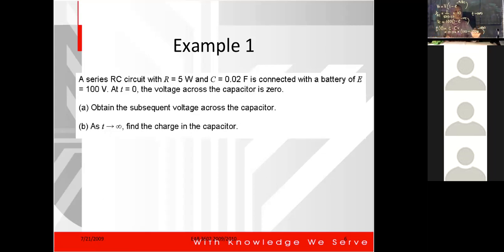Kosong lah kan? You will get 0. So bila 0 maksudnya 0.02 you multiply by 100 you akan dapat 2. Apa unit charge? Coulomb. C-O-U-L-O-M-B. Okay? So this is your B.